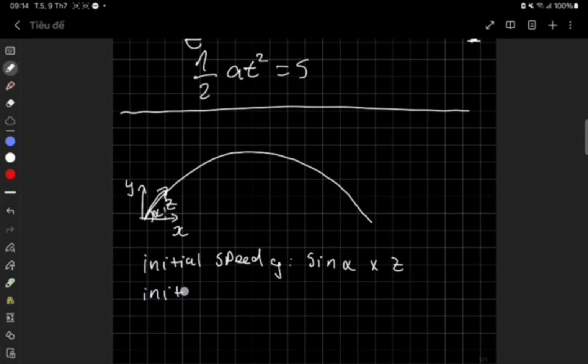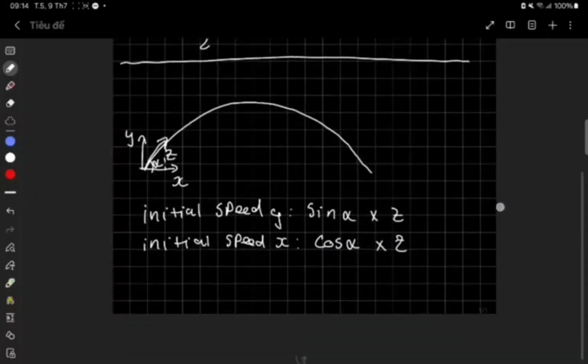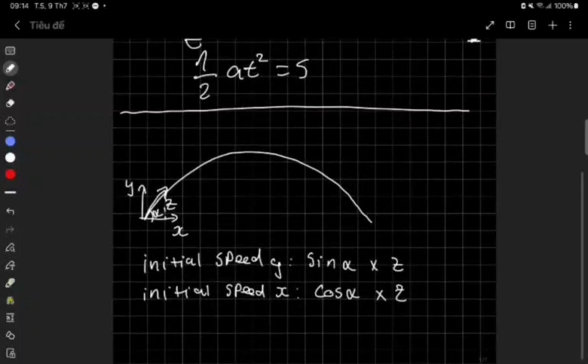And the initial speed of x is cos alpha times z. Relating these two components together is crucial, and it is how we can calculate a lot of values like the distance or the maximum height of this motion.